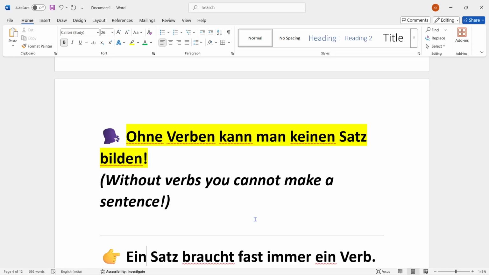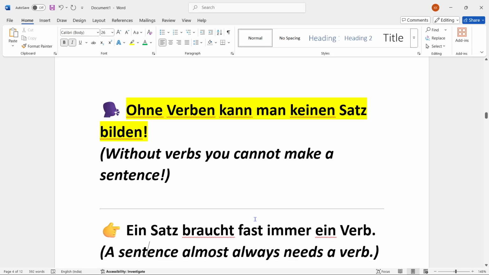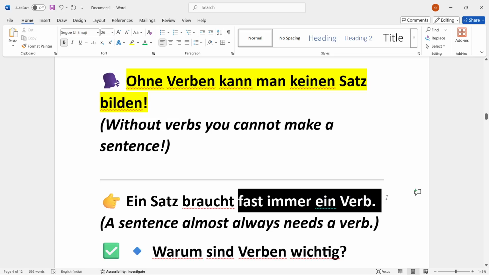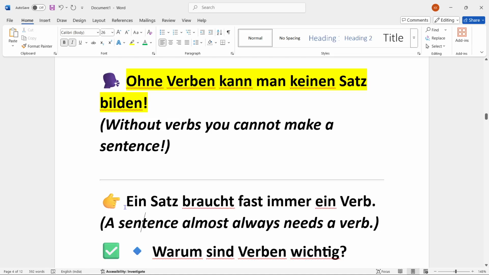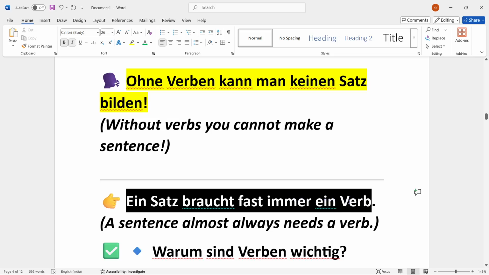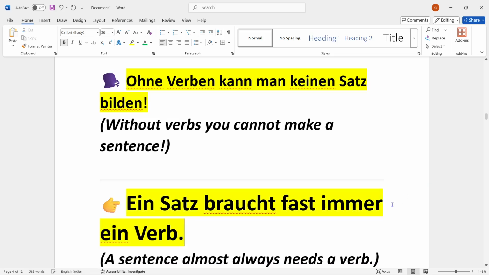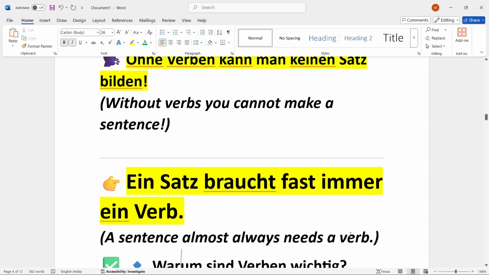The position, as we already know, is the second position. Ein Satz braucht fast immer ein Verb. A sentence almost always needs a verb. So, if you are learning German, you need to know that we need a verb for making the sentence.